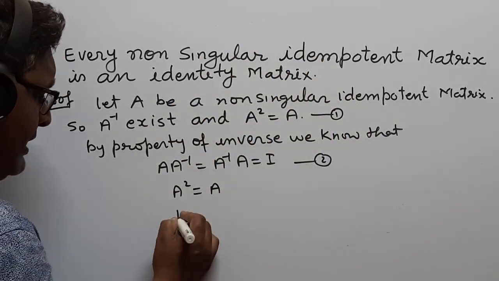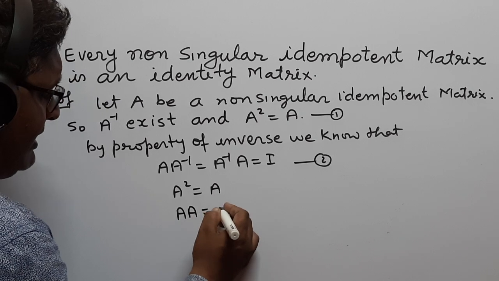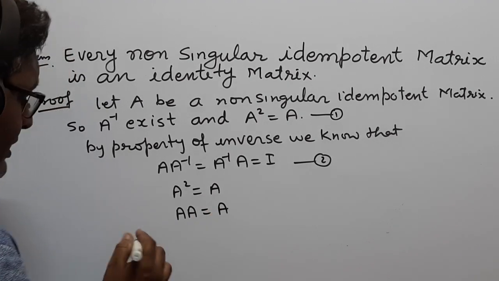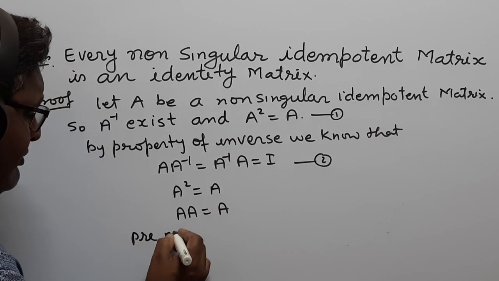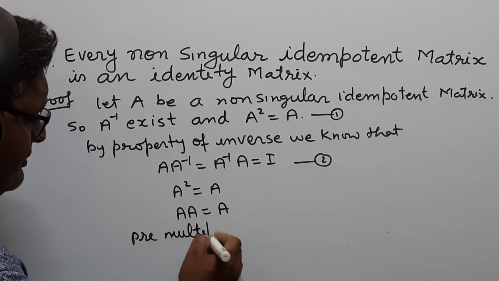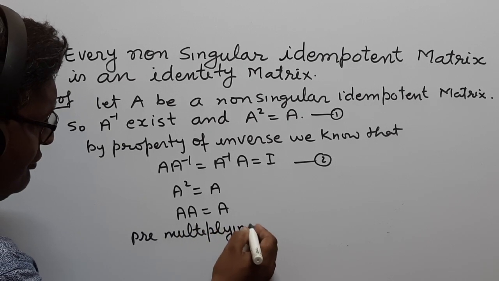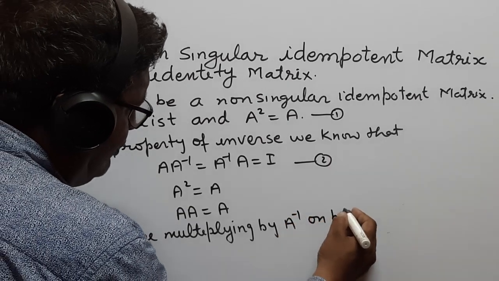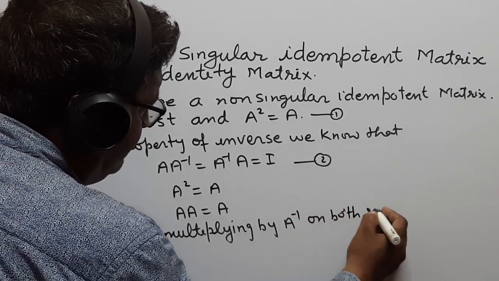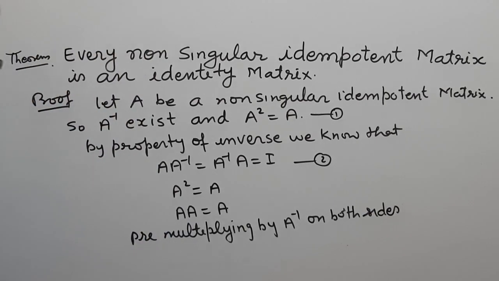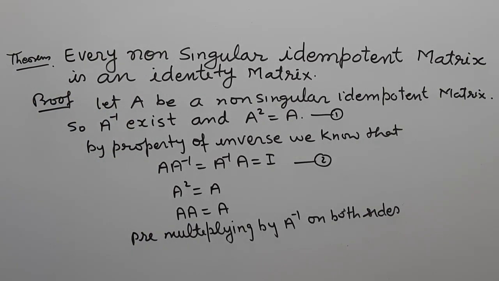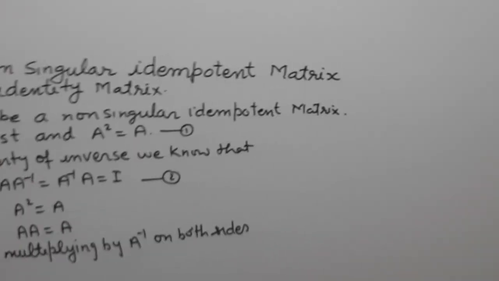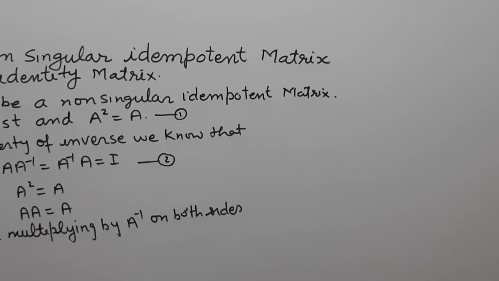Now A square can be written as A multiplied by A, this is equal to A. Multiplying by A inverse on both sides, you can see here A is a given idempotent matrix, and we know that by the definition of idempotent matrix, the square of the matrix is equal to itself.